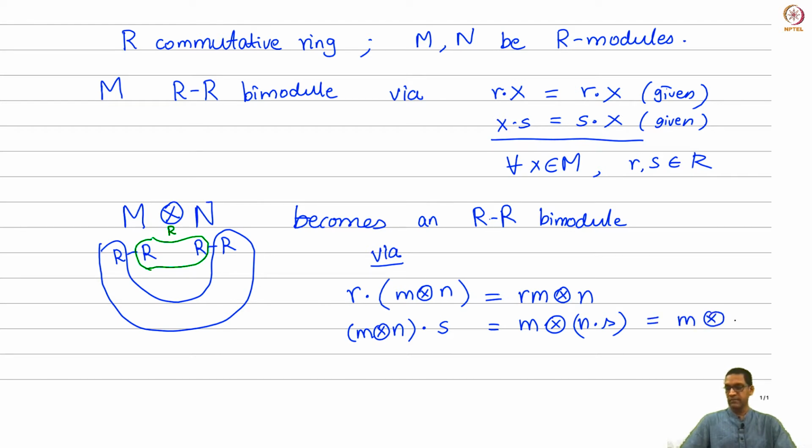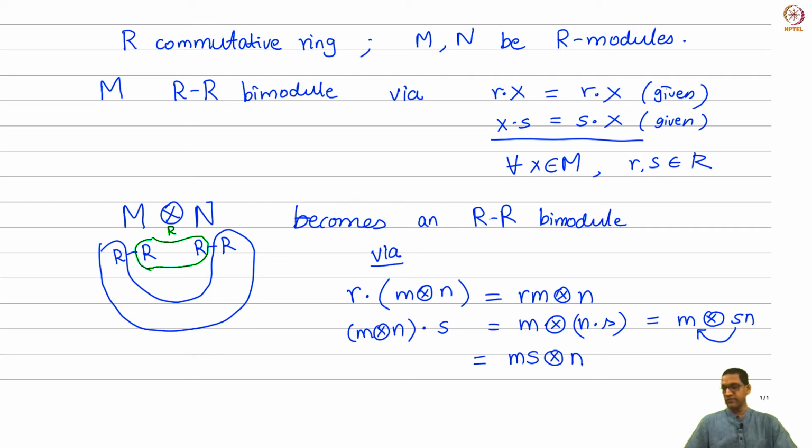So this is just m tensor sn. But the point now is that this tensor product operation is R balanced, which means that if I have a scalar on that side, I can bring it past the tensor product to the other side. So this is just ms tensor n.